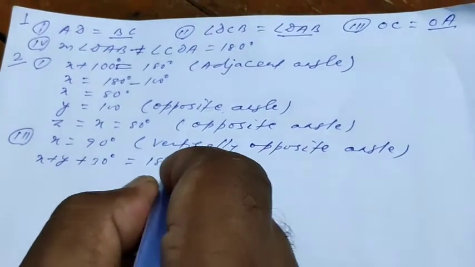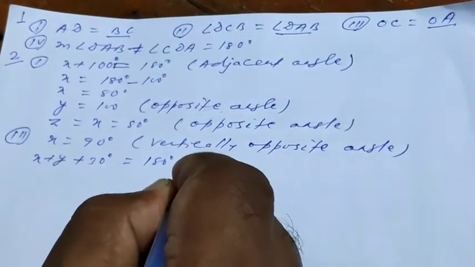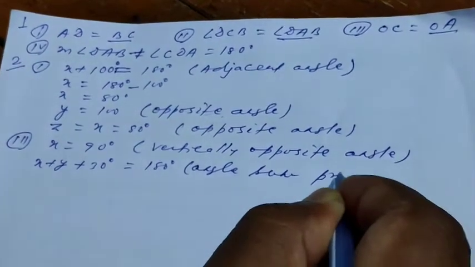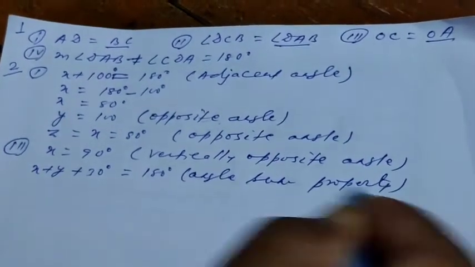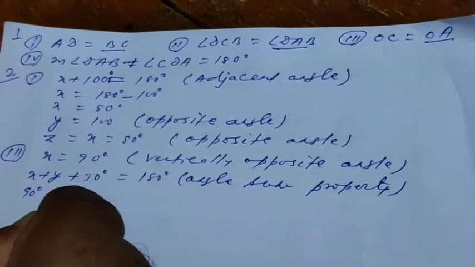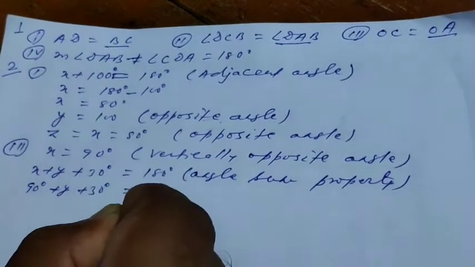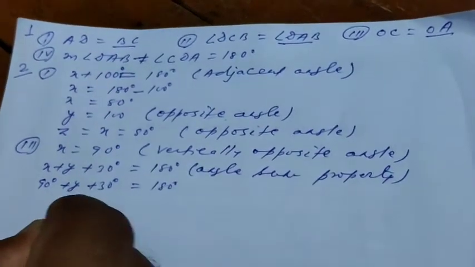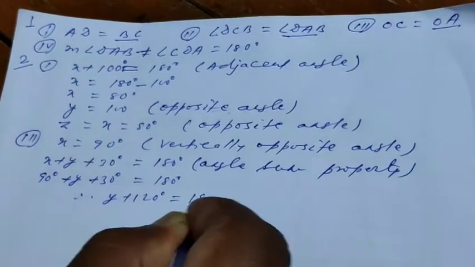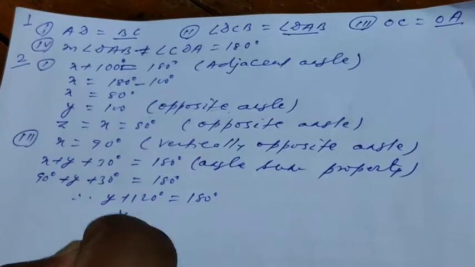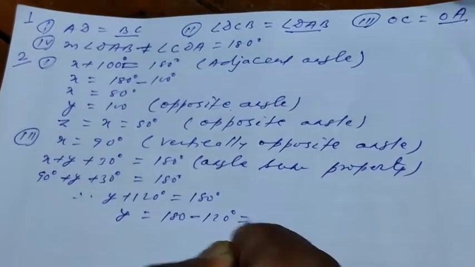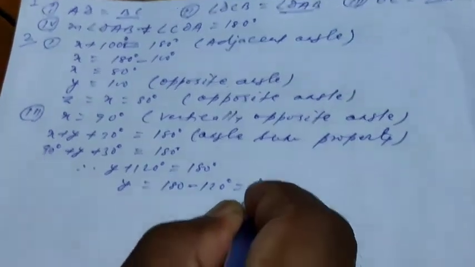This is the angle sum property. And therefore 90 degree plus y plus 30 degree equal to 180 degree, and therefore y plus 120 degree is equal to 180 degree, and therefore y is equal to 180 minus 120 degree, that is 60 degree.